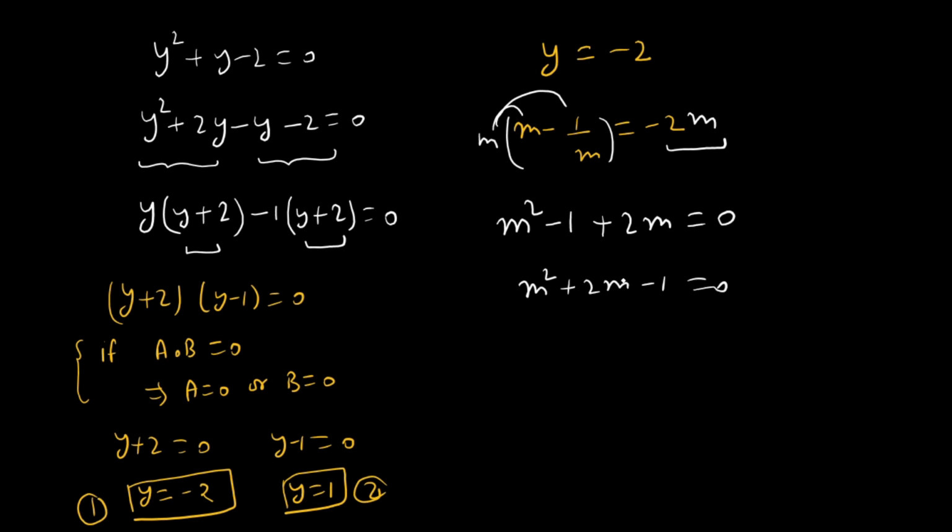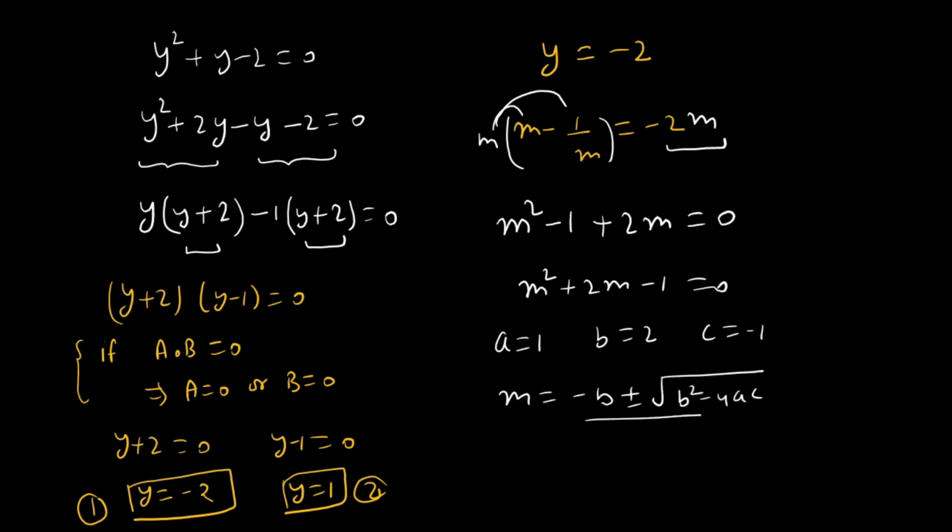Here we will apply the quadratic formula. We know that the value of a is 1, b is 2 and c is minus 1, and the quadratic formula is m equals minus b plus minus square root of b square minus 4ac, divided by 2a.